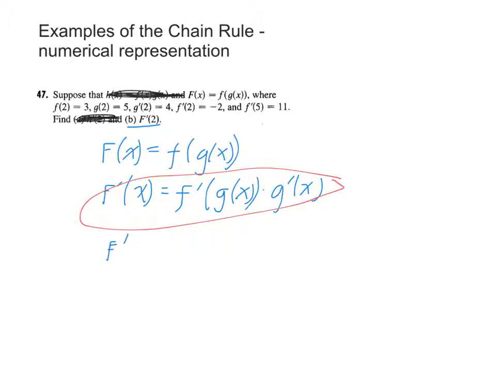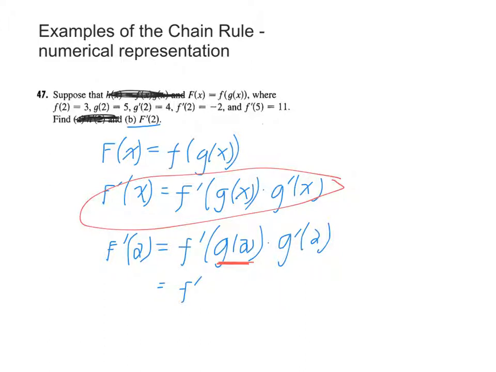I'm looking specifically at the number 2. So I want f prime of g of 2 times g prime of 2. Now we're going to have to go to the innermost part first to simplify. G of 2 in this list is 5.